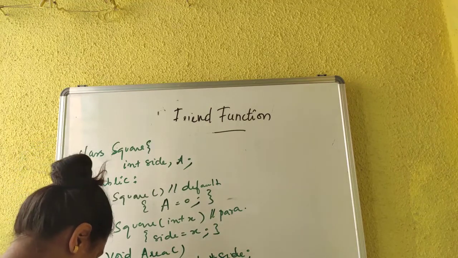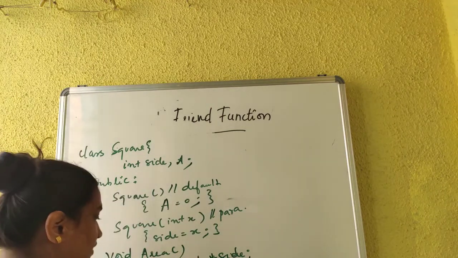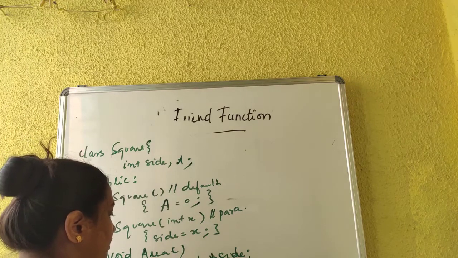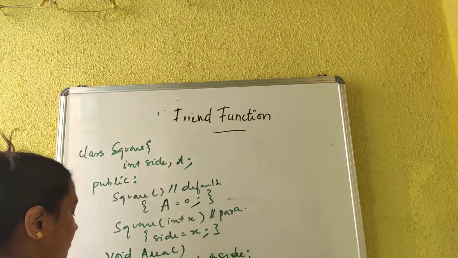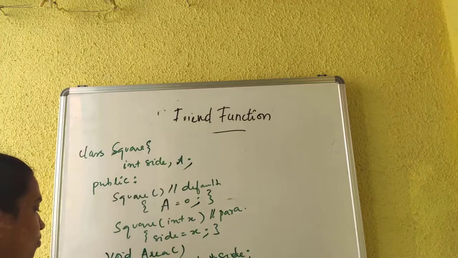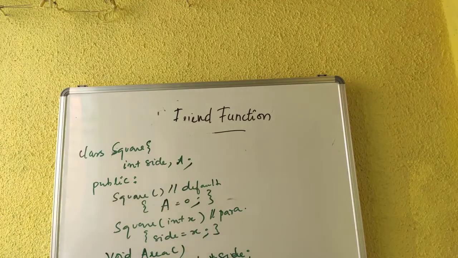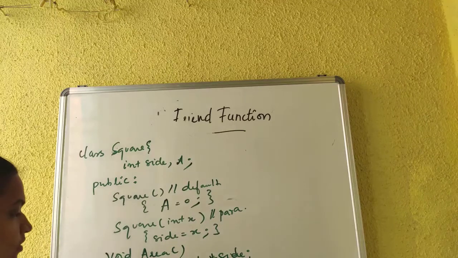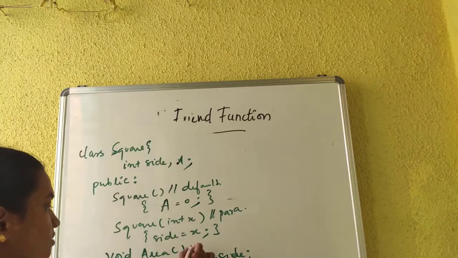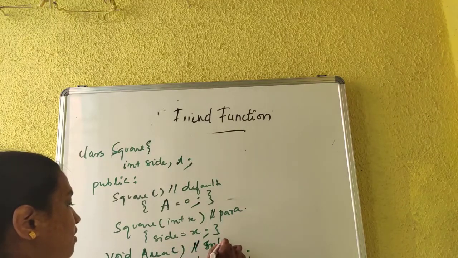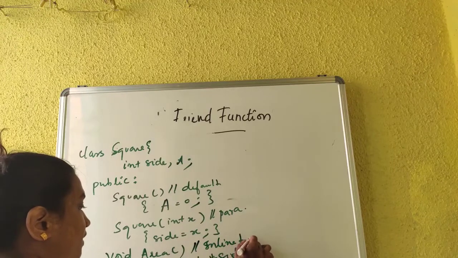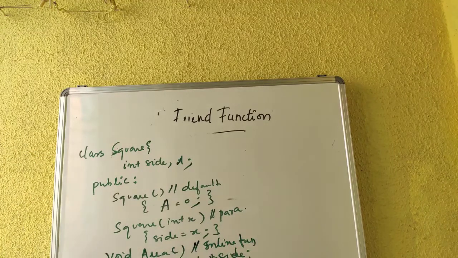I'm not calling a display function right now. So this is done. I've found the area, side into side. So this is going to be an example of an inline function. Why? Because it is defined inside the class.